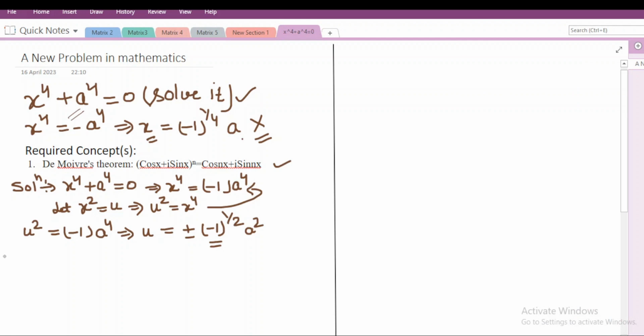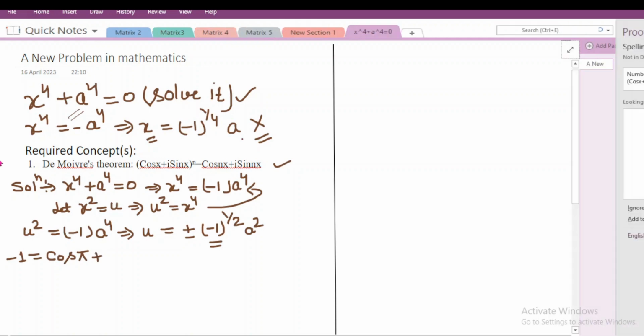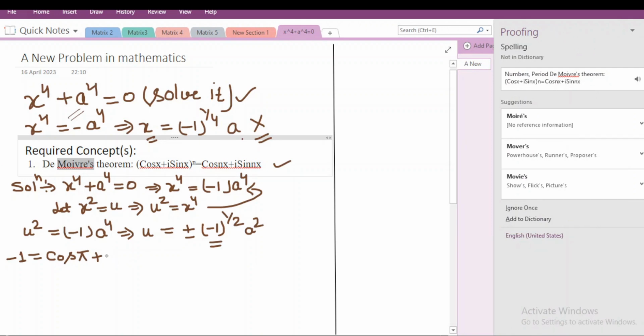We can write this minus 1 as cos pi plus i sin pi, because the value of cos pi is equal to minus 1 and the value of sin pi is equal to 0. So this will be equal to minus 1.